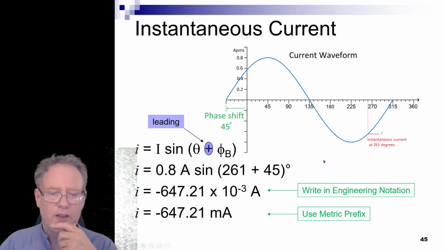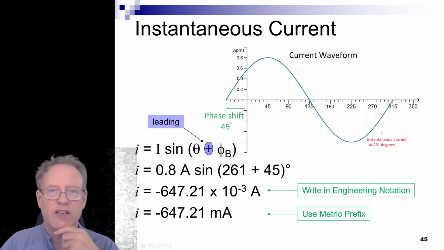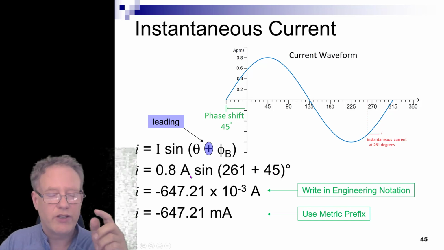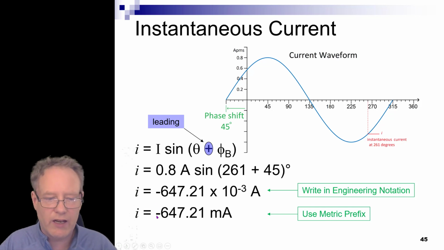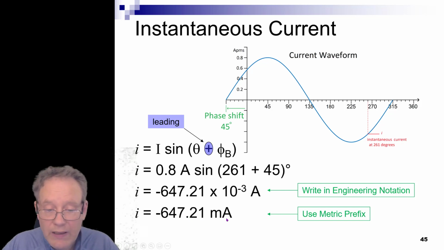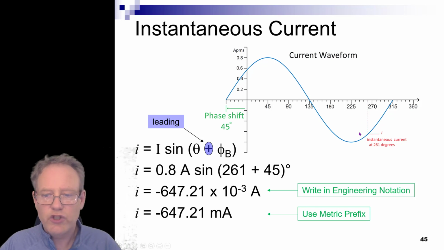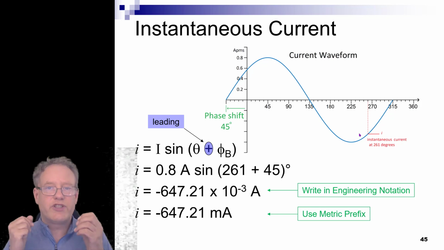And by the way, if you put that into your calculator and hit enter, you'll get a negative number. If you put sine of this number, it'll just come out negative. You multiply that by 0.8 and you'll get negative 647.2 milliamps because it'll be that way in your calculator. So yes, instantaneous values can be negative, and your sine wave will just tell you that.